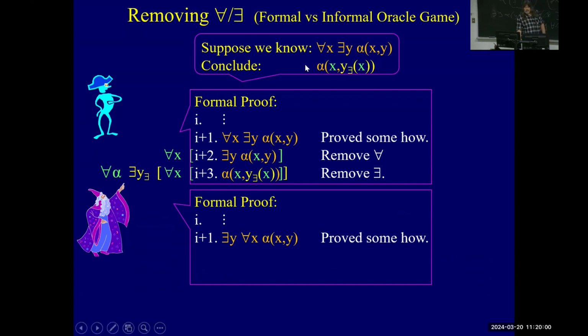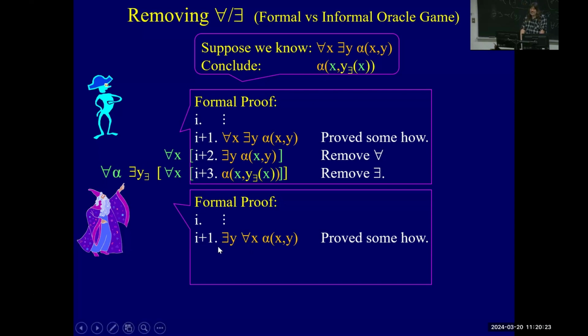Now suppose we prove that there exists one y that works for every x. Can we switch the quantifiers? Got to be nuanced here. Let's think about it. One way you can do it and one way you can't do it.